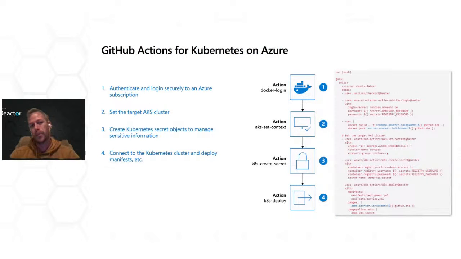So here is an example of a GitHub Action, the CI/CD of GitHub, showing how you connect or deploy a new application on Azure Kubernetes Service. Of course, we're doing the integration with Docker in order to push the image into the container registry, and then we're creating a secret to interact with the Azure Kubernetes Service, and in the end we're just deploying the image into the Kubernetes service.